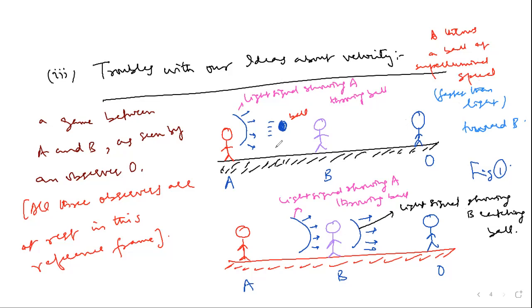So at the location of observer O, the light signal from B, right? The light signal from B arrives before the light signal from A. Therefore, according to O, B catches ball before A throws it.